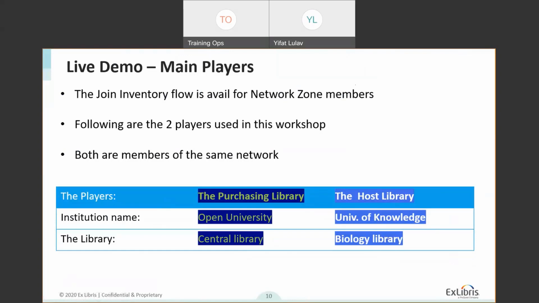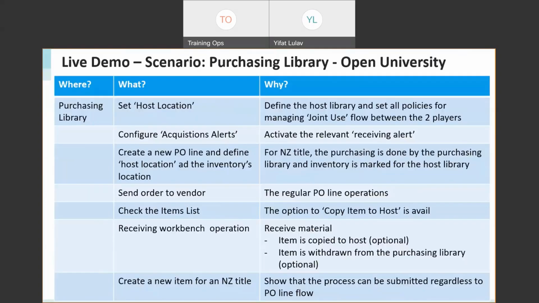Okay, moving forward, what am I going to show you? I'm going to show you the new interface we have created to define a location as a host location. Actually, understanding this host location configuration resolves all things around this workflow. It's one place where the purchasing library defines for which libraries, which are the host libraries, we're going to serve.